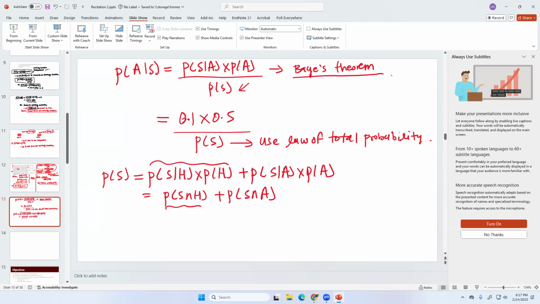What is the denominator saying? What is the probability of surfing? The probability of surfing is the probability of surfing and him being in Hawaii plus the probability of surfing and him being in Alaska. This is called the law of total probability. It considers all the cases in which the event S can happen: either he goes to Hawaii or he goes to Alaska.